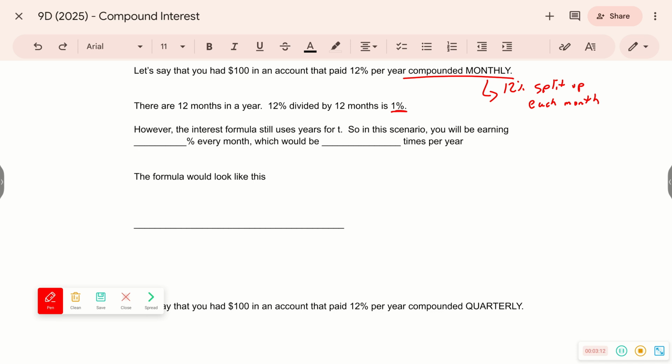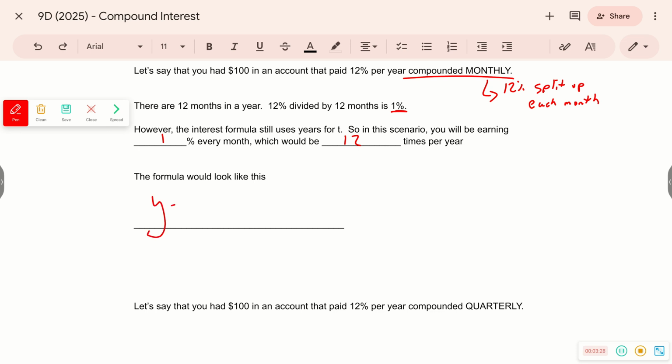The interest formula still uses years for t. So in this scenario, we're going to be earning 1% every month, which is going to be 12 times per year. So how this is going to look is, we still start with our $100. Now we're adding 1% per month.